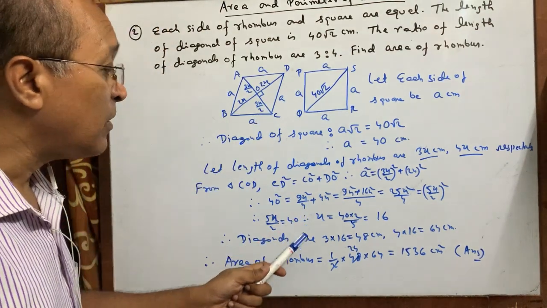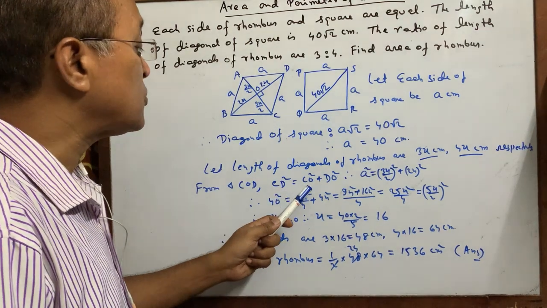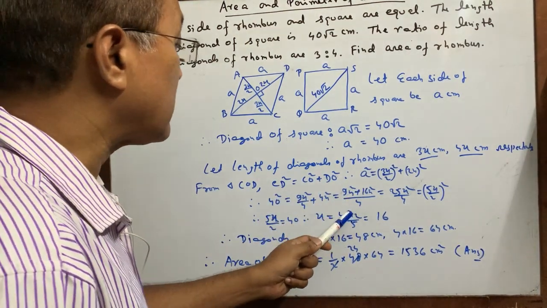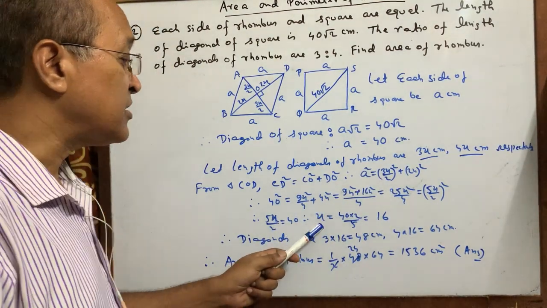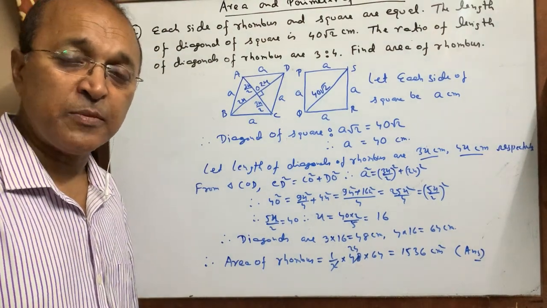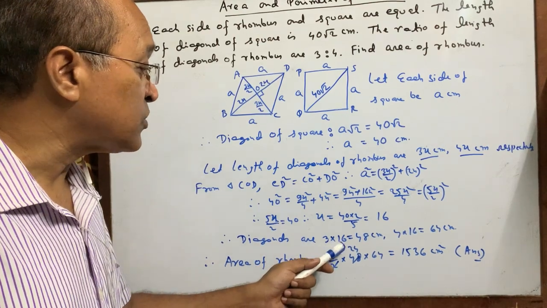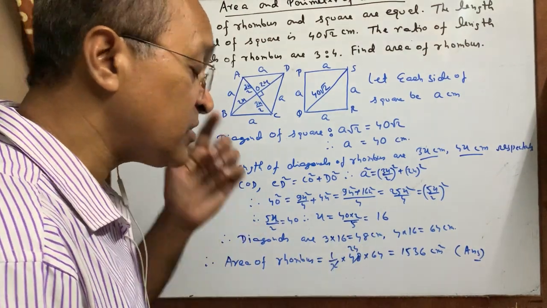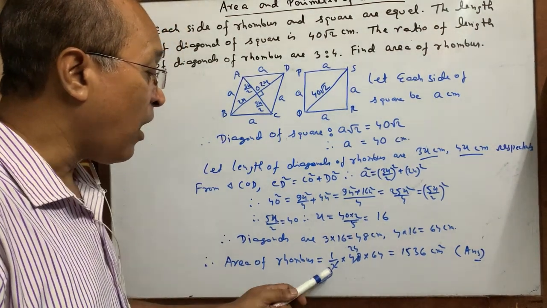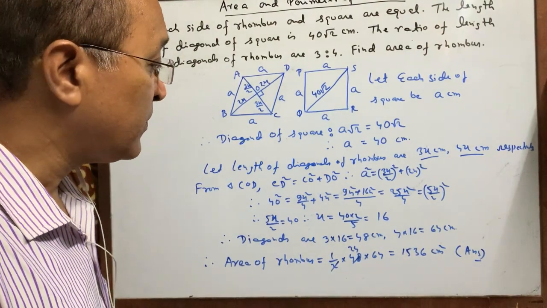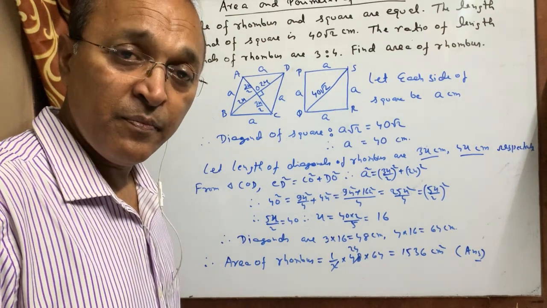So CD square is equal to CO square plus DO square, means A square is equal to 3x by 2 whole square plus 2x square. Ultimately, x is found as 16 centimeter. Now the lengths of diagonals have been found: one is 3 into 16, 48 centimeter, another 4 into 16, 64 centimeter. Now area of rhombus is equal to half into product of two diagonals, which is half into 48 into 64, that is 1536 square centimeters.